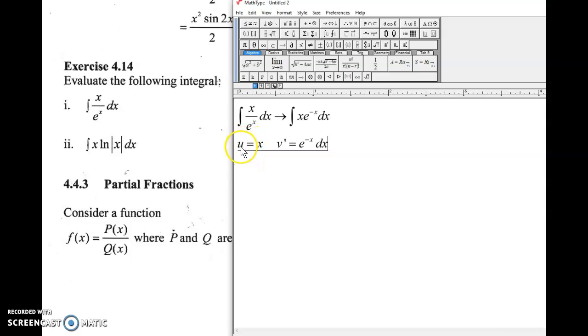As you can see, we have u as x, v prime as exponent negative x. The information left that we need to look at is u prime, or the differentiation of u. As for this one, we already have v prime, so we need to find v.